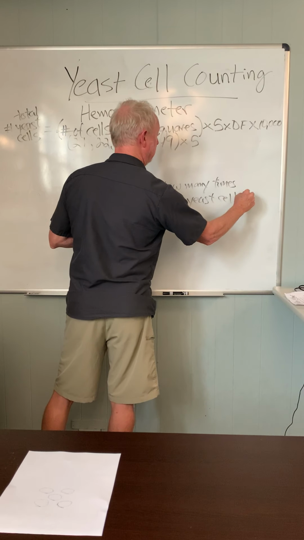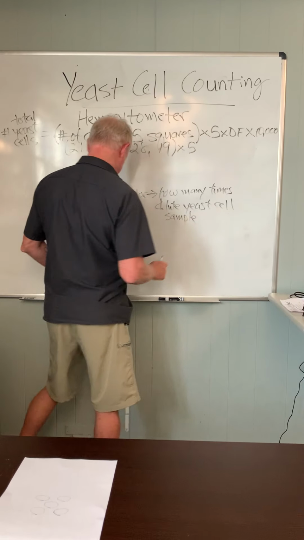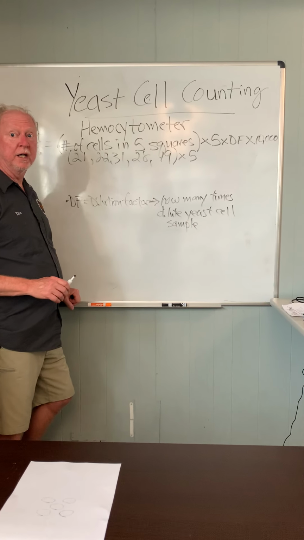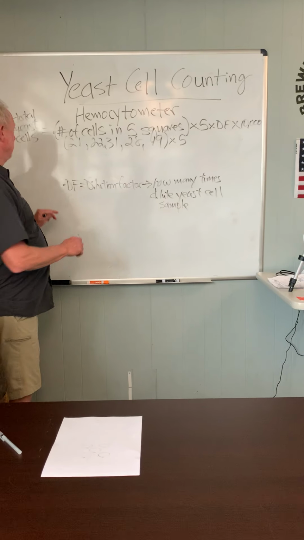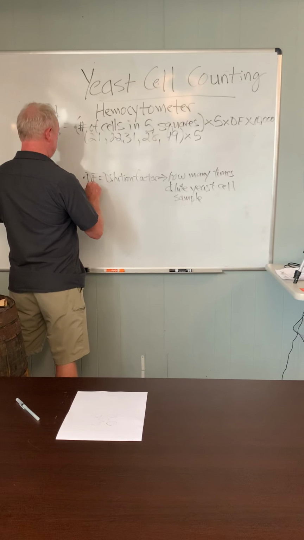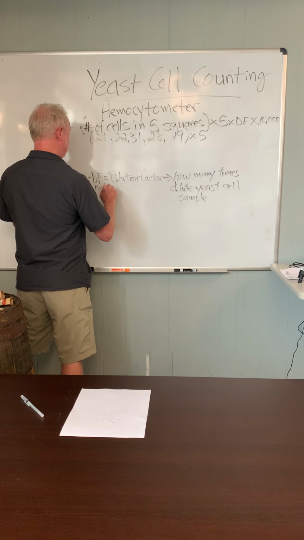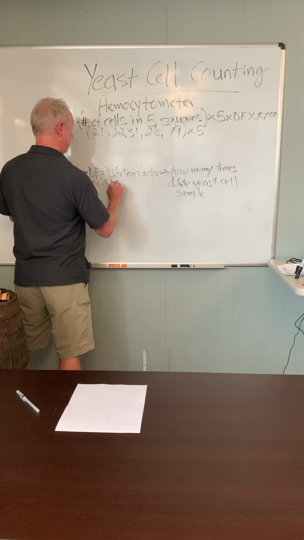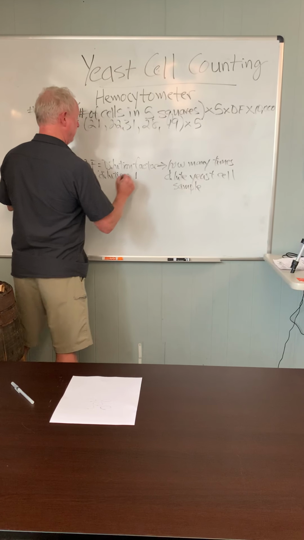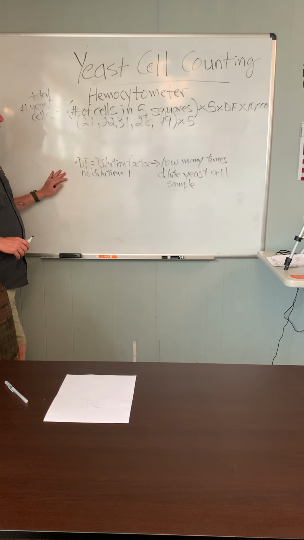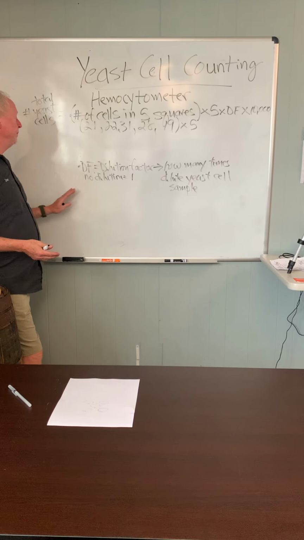So we've taken a sample of yeast out of our fermenter or wherever we're counting it from, and we usually have to dilute that down. So if we have no dilution, if we didn't dilute it at all, we just took that sample, didn't dilute it, so that dilution factor is 1. DF equals 1. We just didn't dilute it at all.